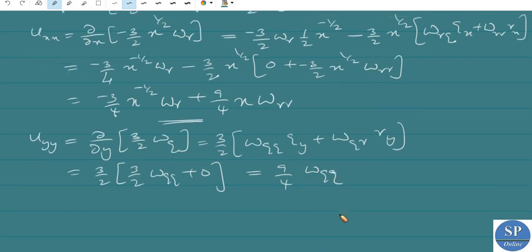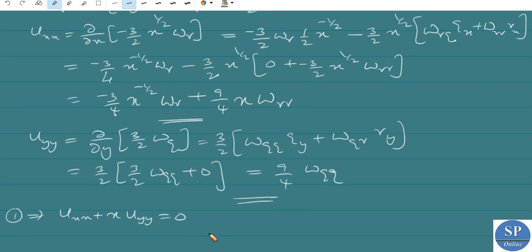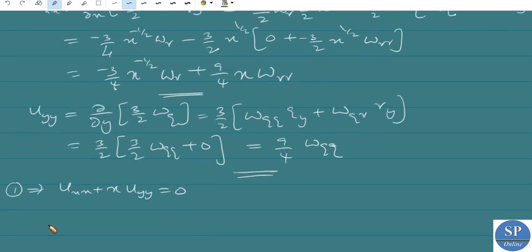So replacing these partial derivatives in the given differential equation, which was 1 u_xx plus x into u_yy equal to 0, this implies, when we divide throughout by x, we get 1 by x into u_xx plus u_yy equal to 0.